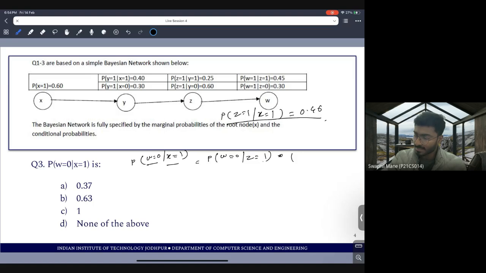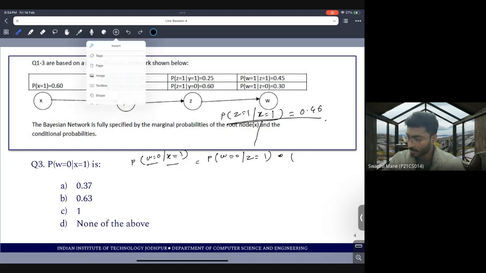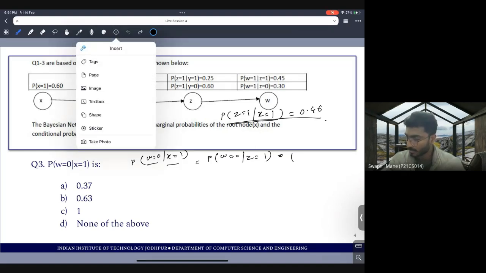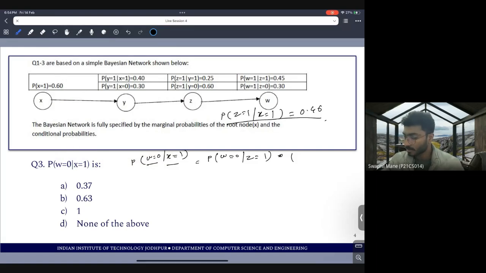By using the z we need to access the x, because the x we calculated in the previous example. So the probability of z is equal to 1 given that x is equal to 1.